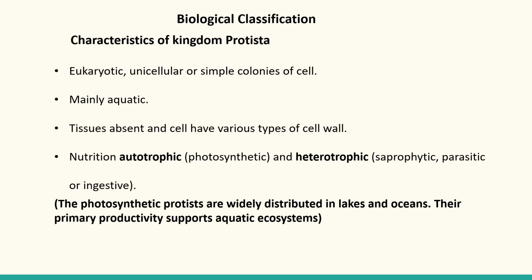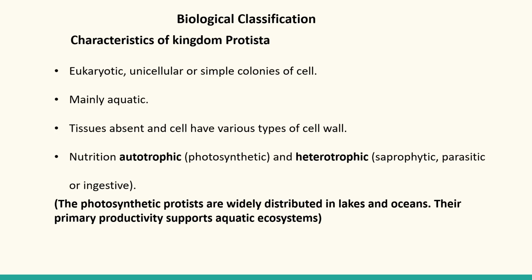Characteristics of kingdom Protista. They are eukaryotic, unicellular or simple colonies of cells. Here the cells are eukaryotic in nature, meaning membrane bound cell organelles are present, and they also possess a nucleus in it.